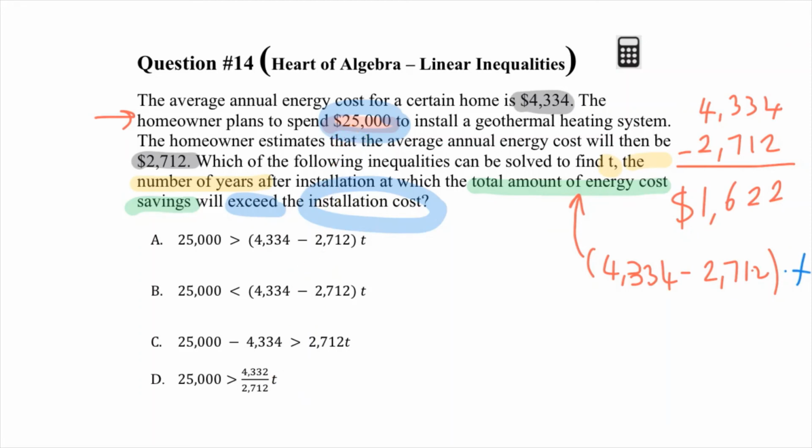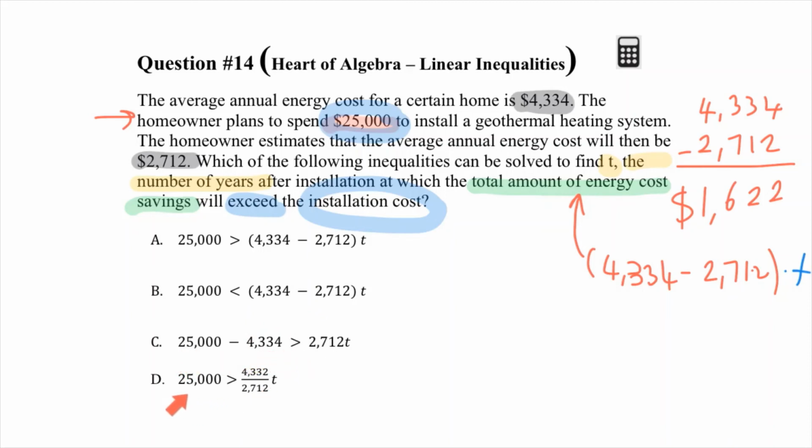Don't forget, for an inequality, you always read left to right. For example, that one reads 25,000 greater than this amount. This one is 25,000, this symbol, less than that one. This one is 25,000 minus this amount greater than that one.